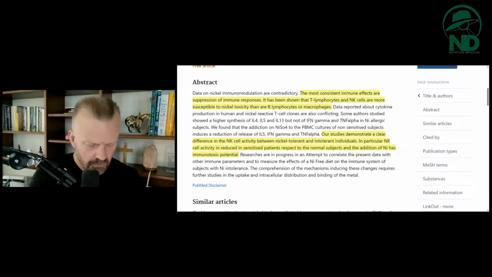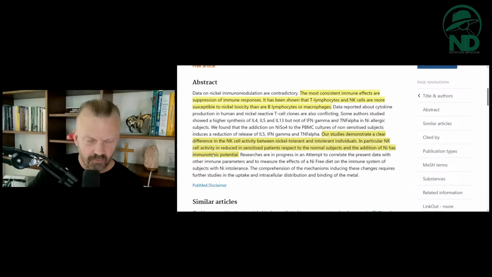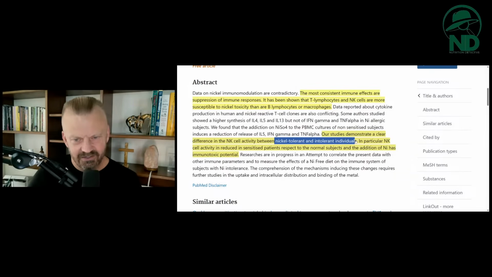So does it make sense that if people are already nickel toxic, that they would have a bigger problem with nickel being added because they don't have as much room for fitting in more toxic crap? Try to remember, it's not nickel sensitivity. They say nickel tolerant and intolerant individuals.